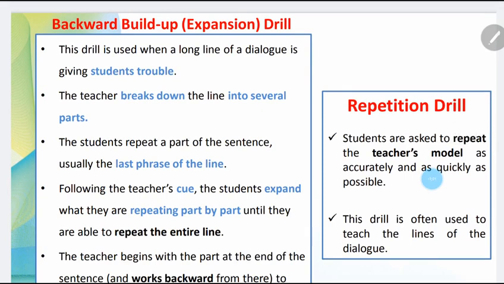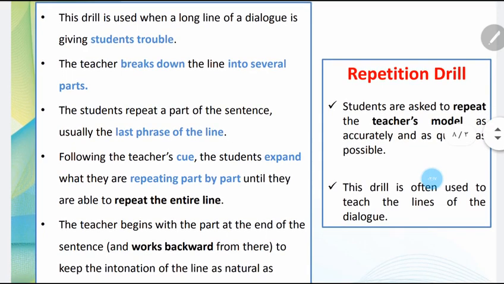Backward build-up drill. This drill is used when it's difficult for students to produce or pronounce a long line of the dialogue. So the teacher uses the backward build-up drill, and here the teacher breaks the long sentence down into several parts, and the students repeat a part of the sentence, usually the last phrase.